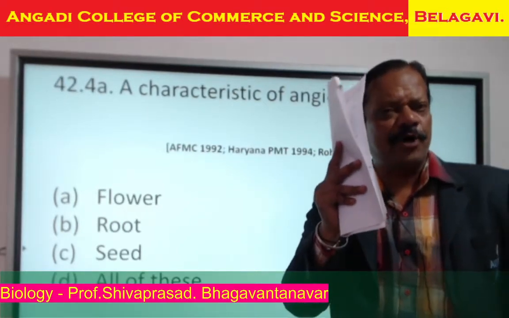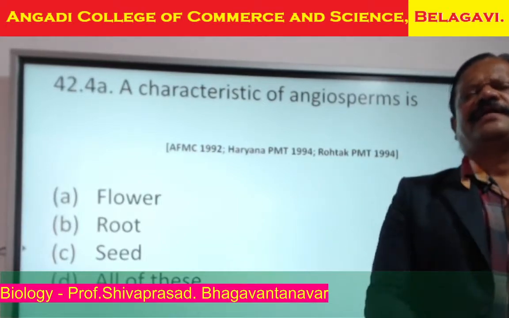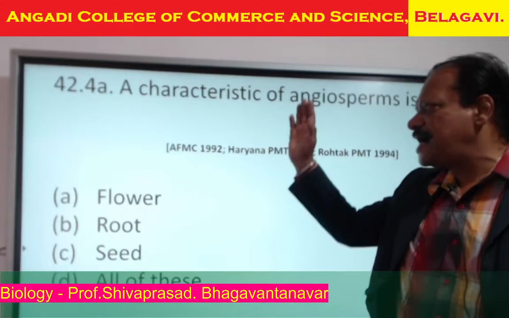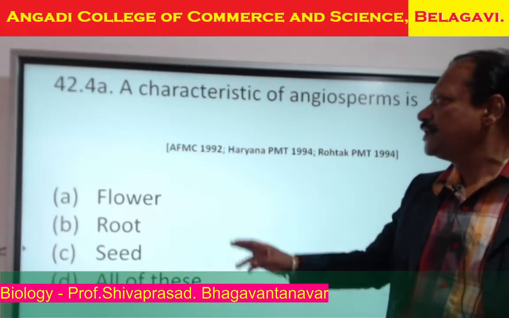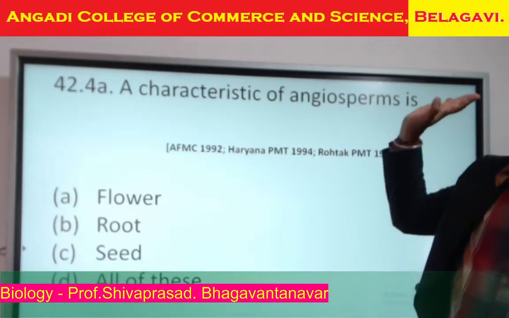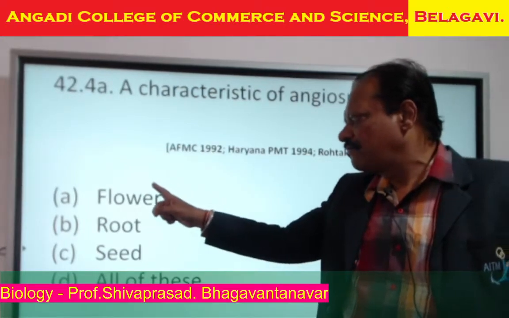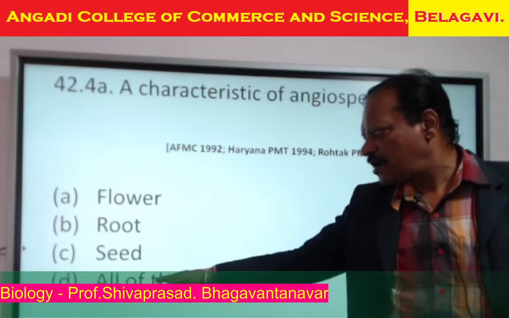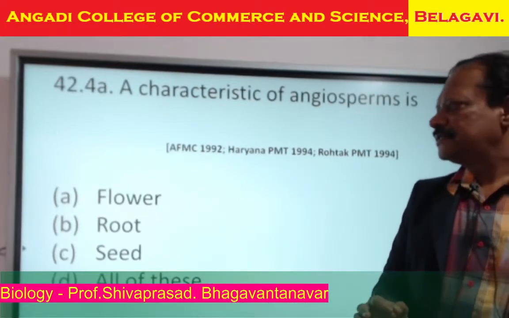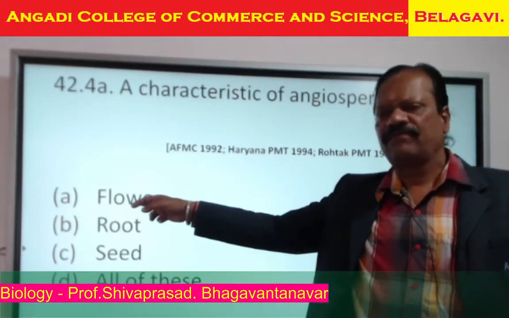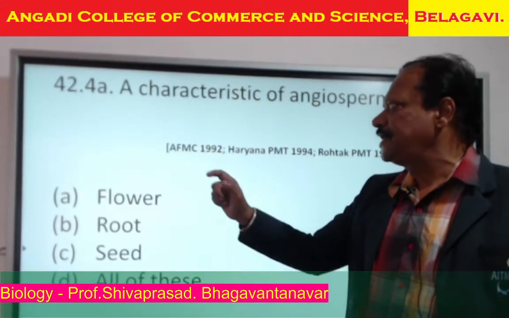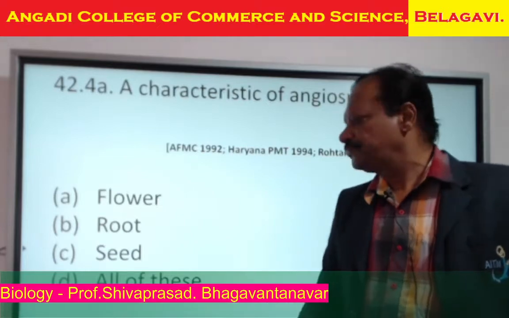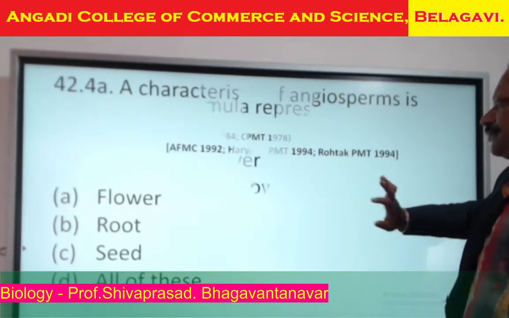If the plant is producing the flower, then definitely you say it as the angiospermic plant. So here we will see the option. Here a characteristic of angiosperms is, what is that? Flower, root, seed, all of these. Here the right answer is flower. So option A is a correct answer here, that is the flower. We'll move to the next.